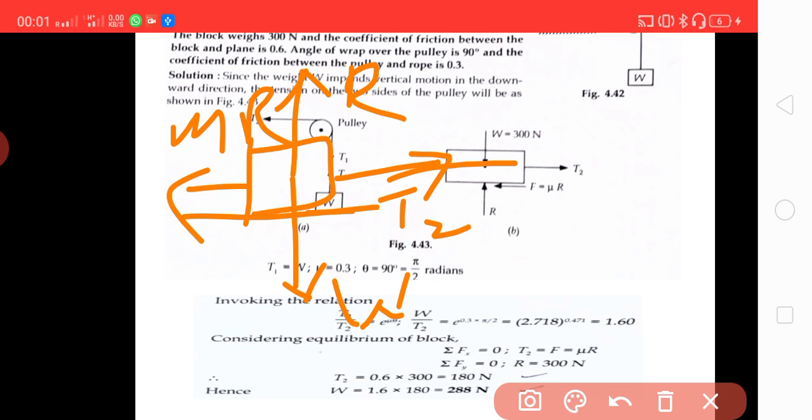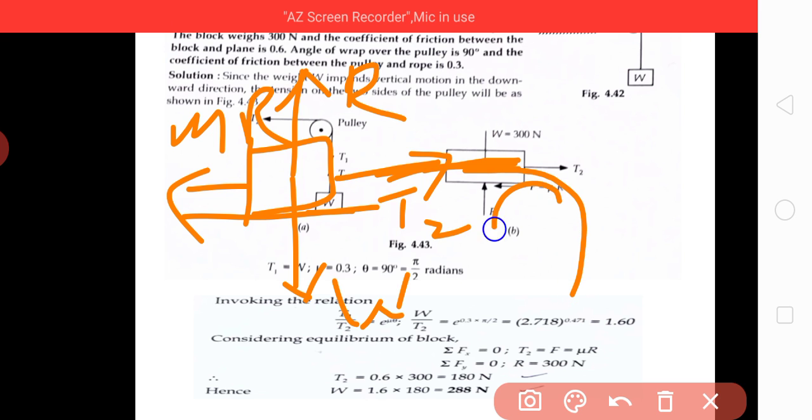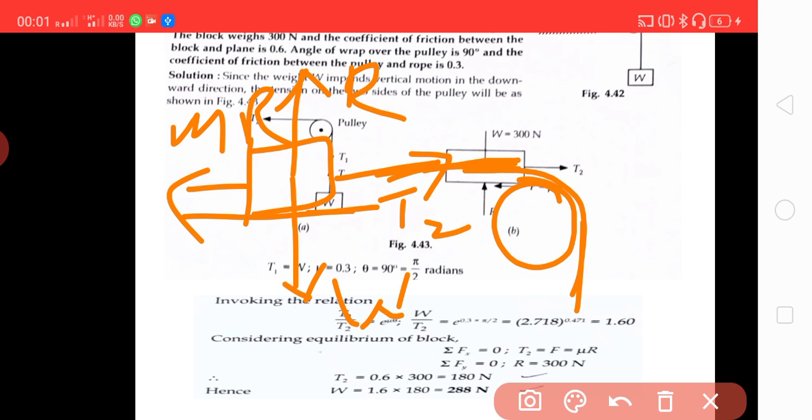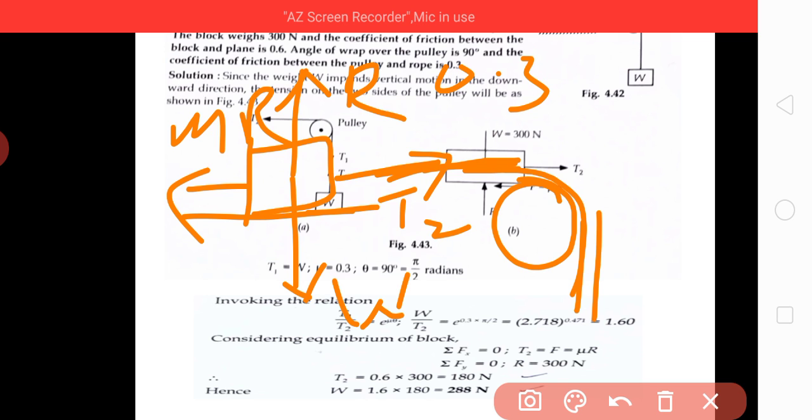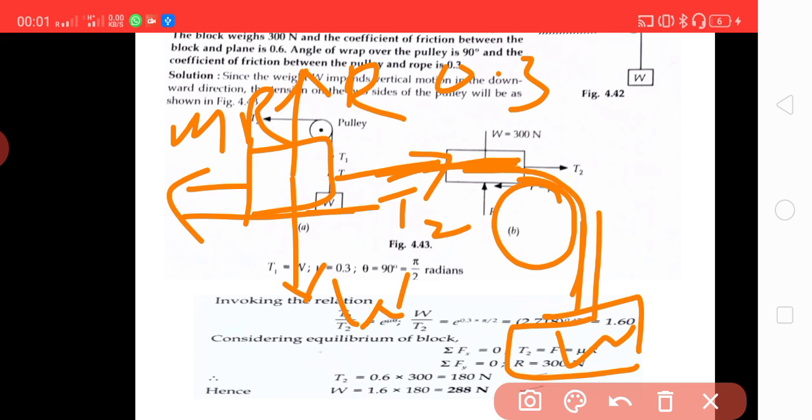This rope is wrapped over a pulley which has a coefficient of friction 0.3, and here weight W is acting downward, which is trying to pull this block, but before that it has to overcome the frictional force here also.